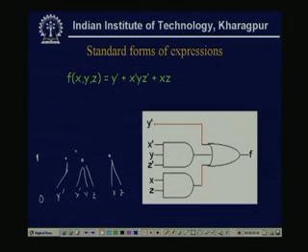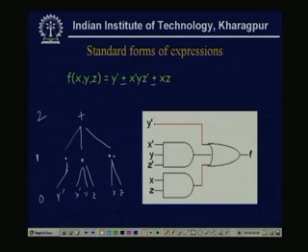Now, again these 2 OR operations are in the second level. So, this is my hierarchy. Actually the inputs are at the 0th level. That means y dash, x dash y z dash, x z, they are at the 0th level.